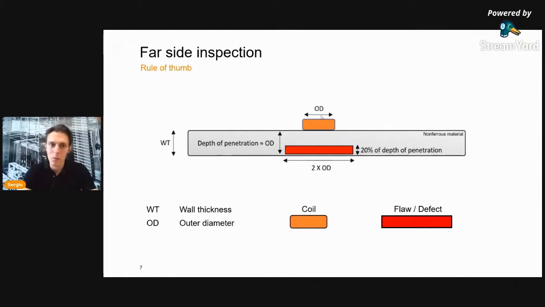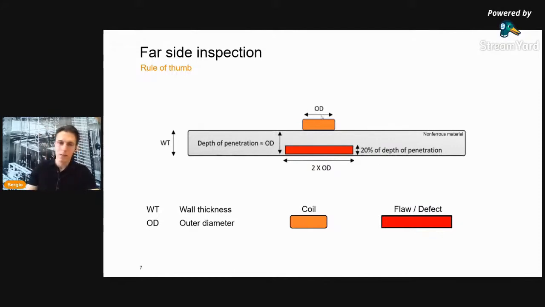In some cases, it can be more, but then we would need to tweak the setup accordingly, and it also depends on which material you're working with, surface condition, and several things. So just maybe keep this in mind. And if you want to penetrate 5 millimeter deep, you take a 5 millimeter OD coil in the probe coils.